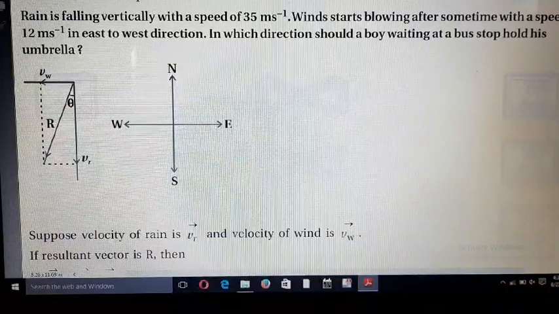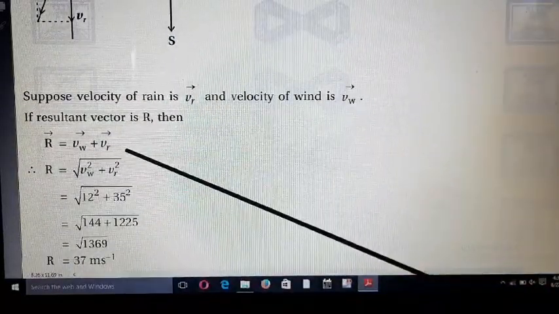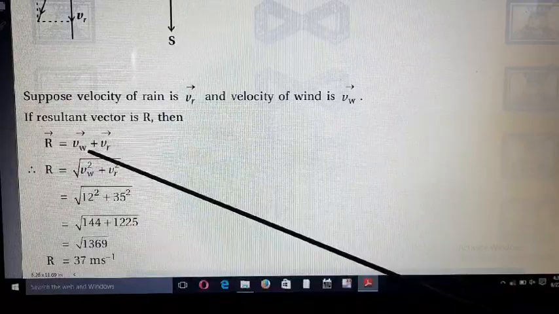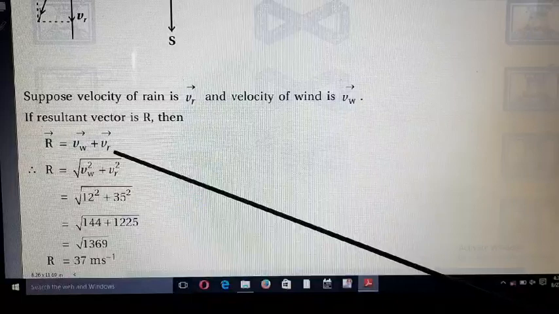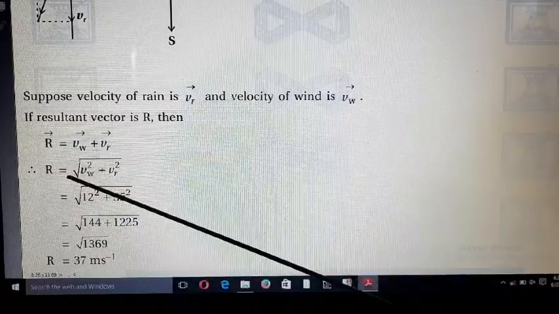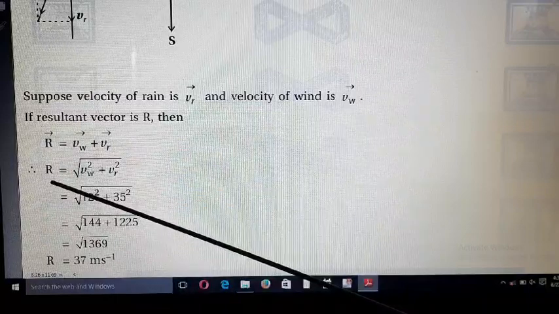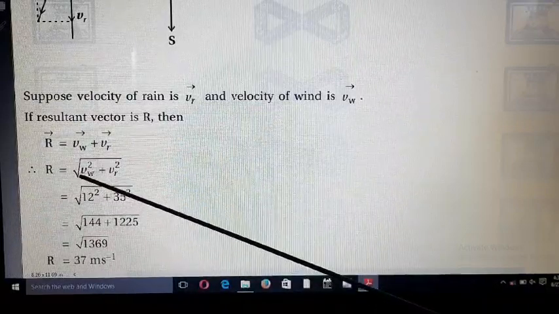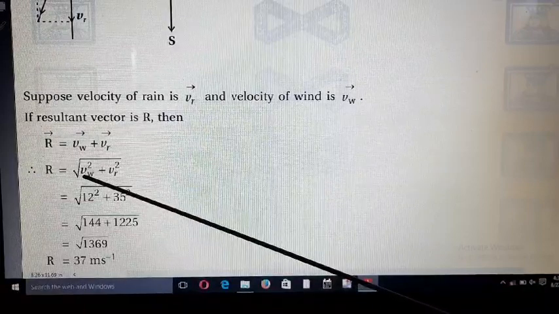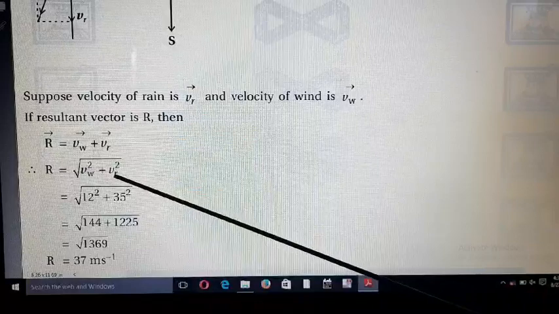So look here, resultant vector we can write: vector R is equal to vector V omega plus vector VR. So now we want to find its value. So now we take square and root. So R is equal to root of V omega square plus VR square.